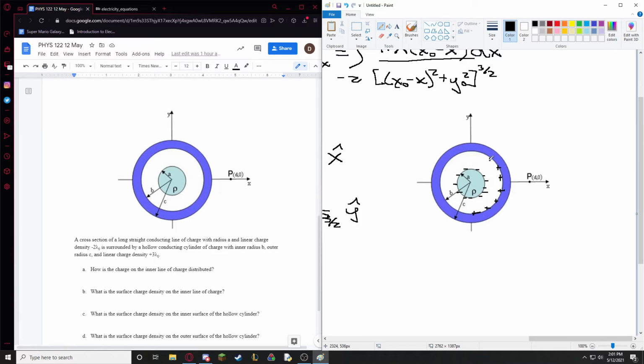And so, what's special about the magnitude of the positive charge on the inner radius? It is less than the magnitude of the outer one. Not necessarily.